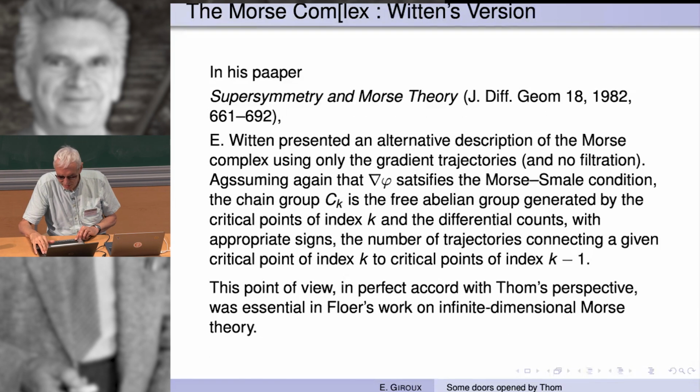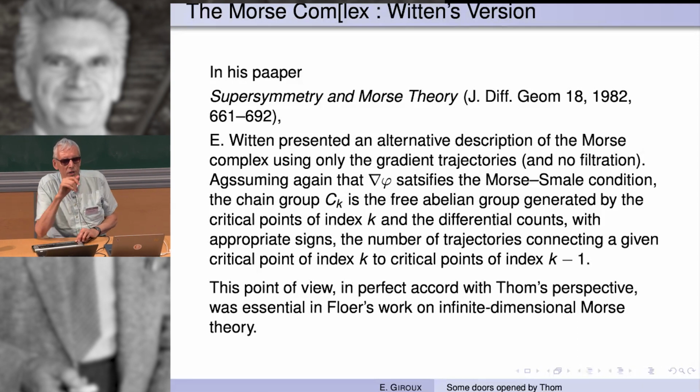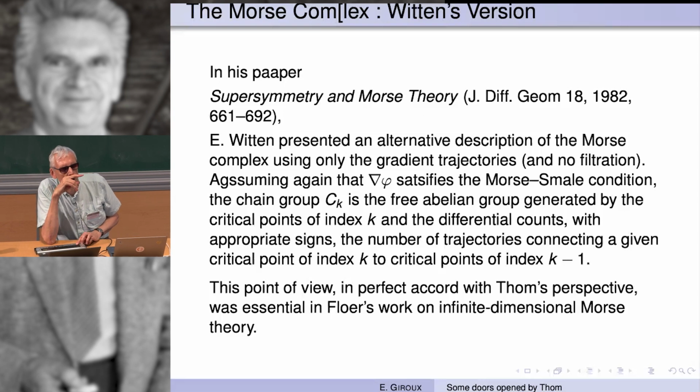But in the 80s, Witten gave, in his famous paper, Supersymmetry and Morse Theory, a presentation of the Morse complex which no longer uses any filtration, just the gradient flow.